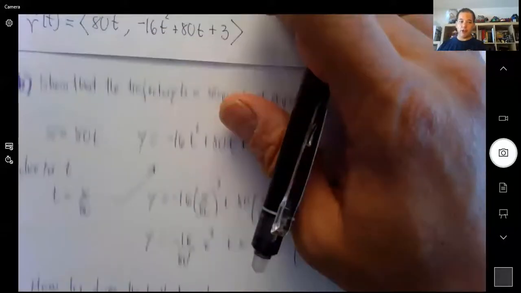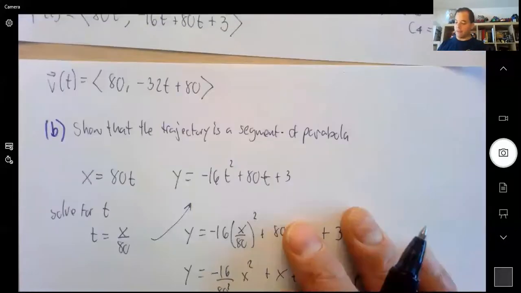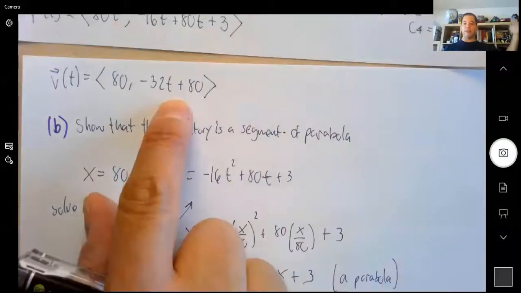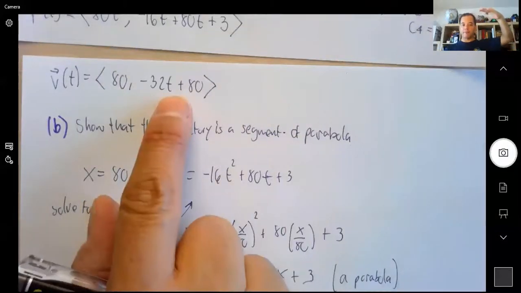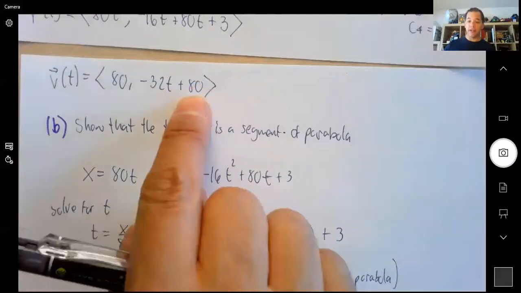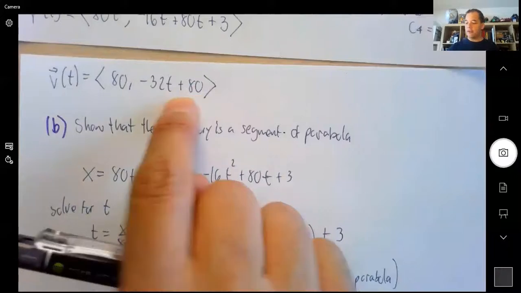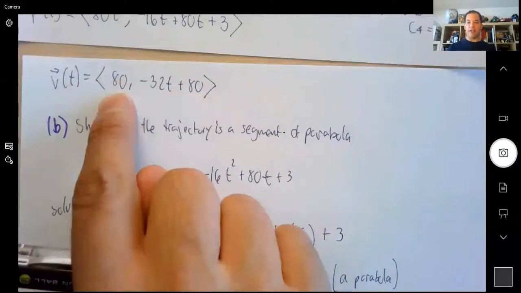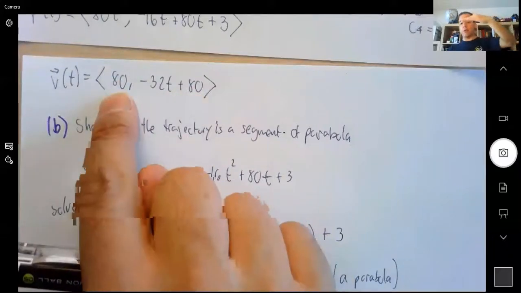What do we know about the velocity when you reach the highest point? What do we know in terms of going up and down? Yeah, the y component will be 0, right? Daniel answered, but the x component is not. The x component is 80, the ball is still moving forward.